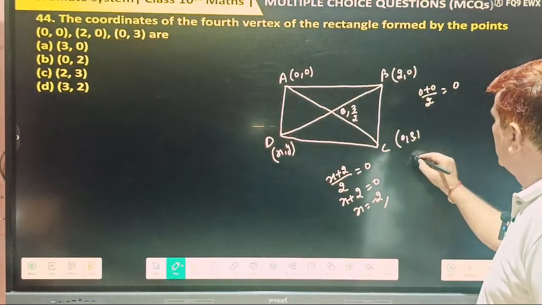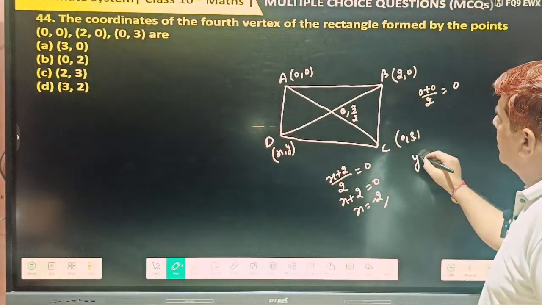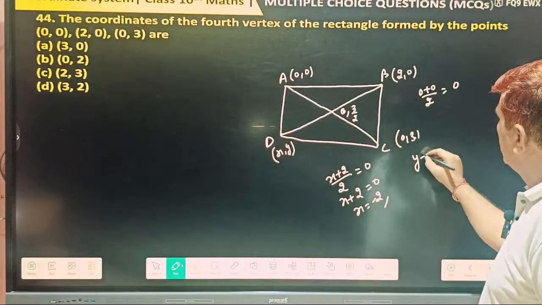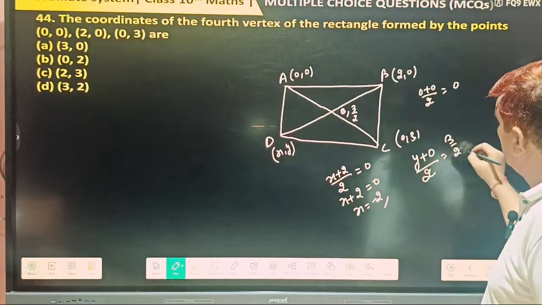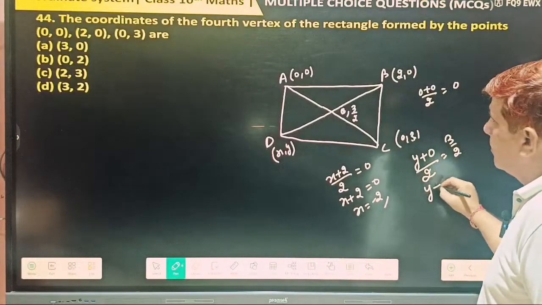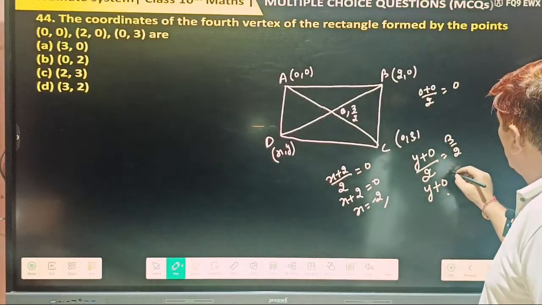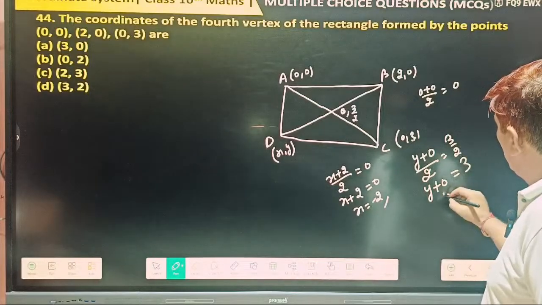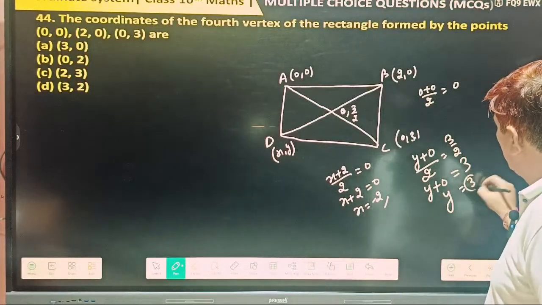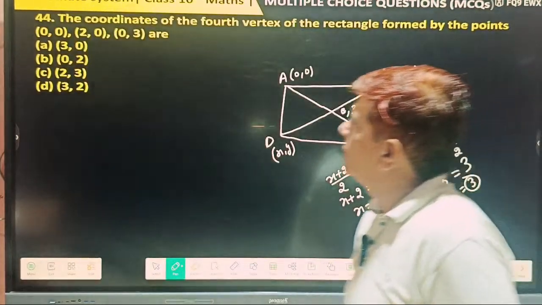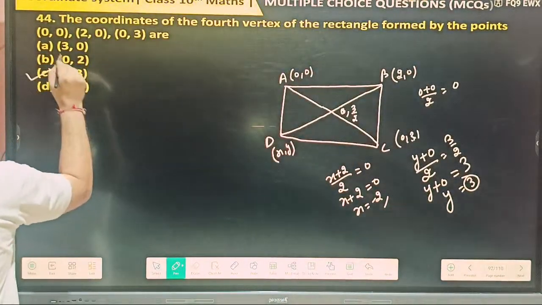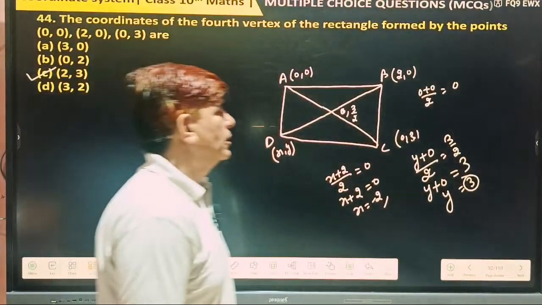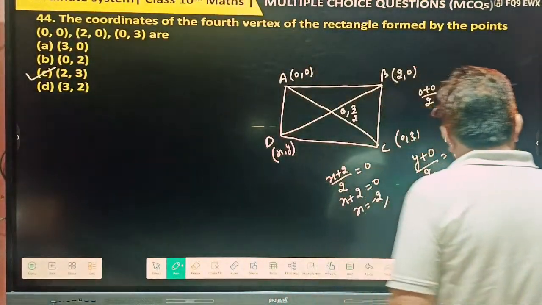Now find out y. y plus 0 by 2 equal to 3 by 2. So y plus 0 is equal to 3, y equal to 3. So the y coordinate here is 3. So C is our answer.